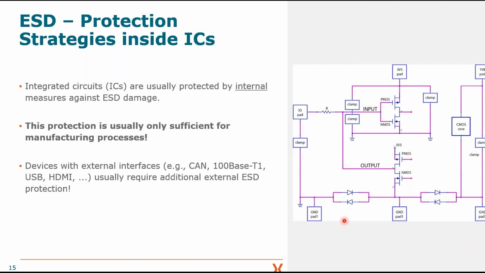So when one of the IC vendors says to you, we have an ESD robust device, this typically means, okay, this is robust against packaging and it's robust for handling, but it's not usually meant to be robust on a system level.